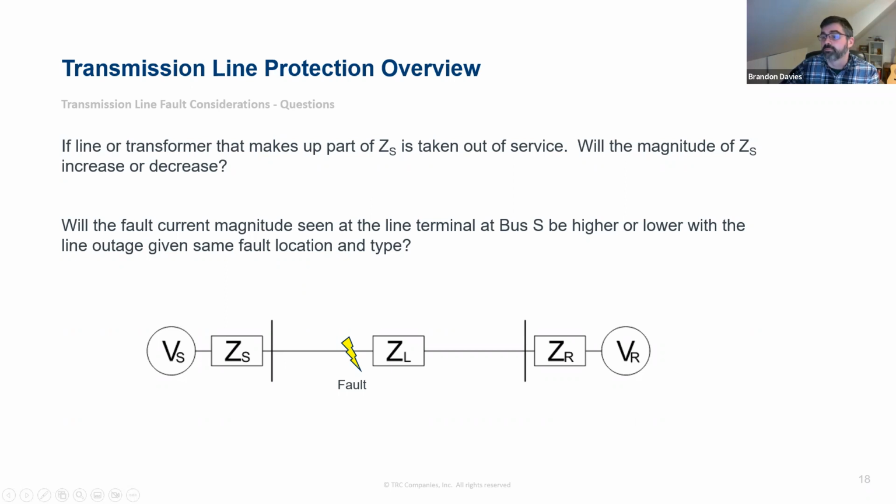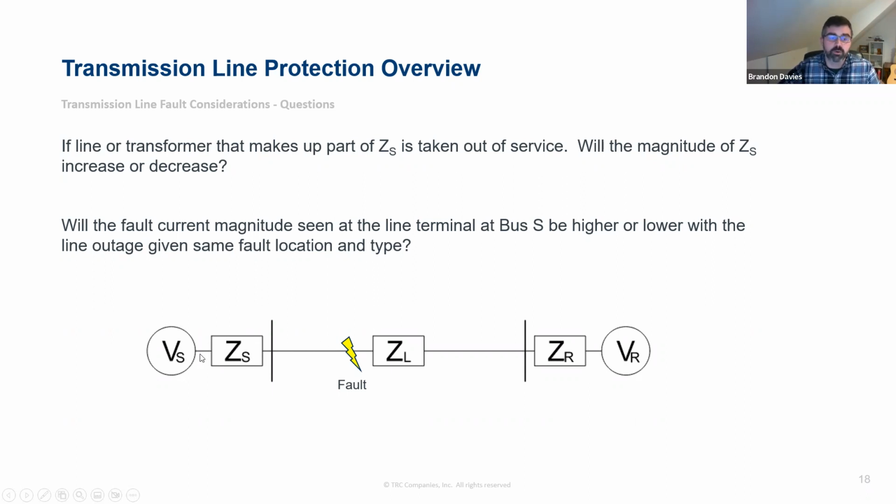Go ahead. Sorry, wouldn't the total impedance decrease because you're disconnecting it? Well, it's a parallel path. So if you envision this ZS as 3 or 4 parallel impedances, and you take one out, the equivalent impedance is actually going to go up because you removed a parallel path that would otherwise be included in this ZS.